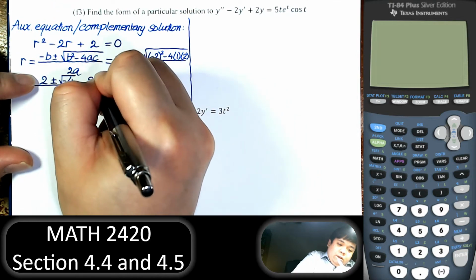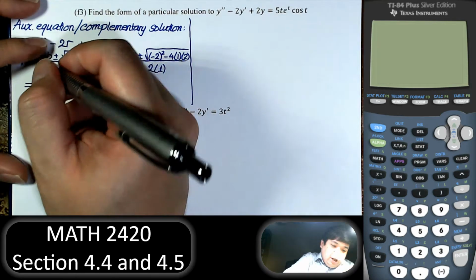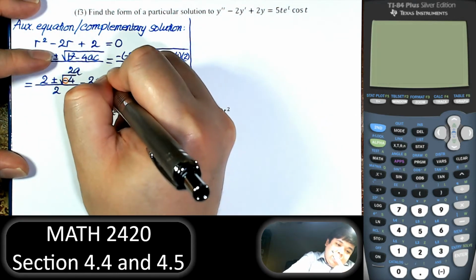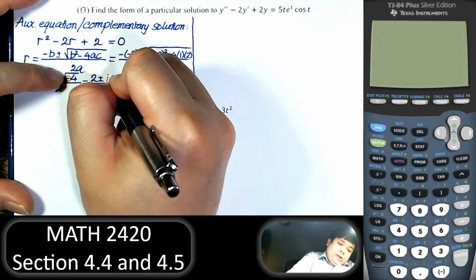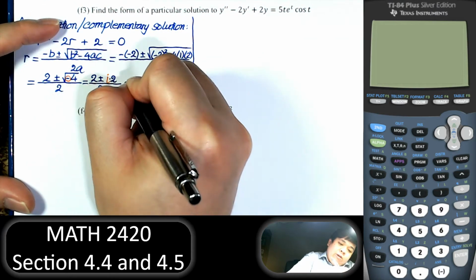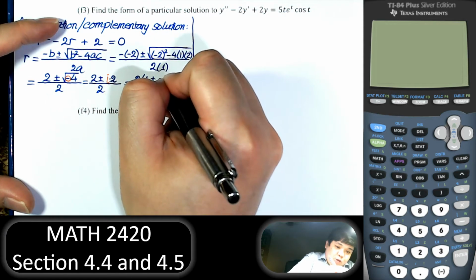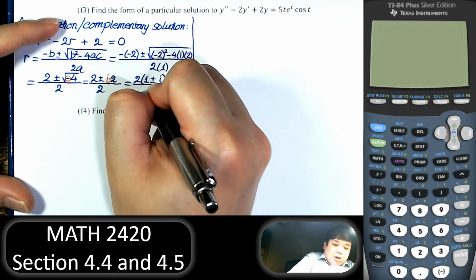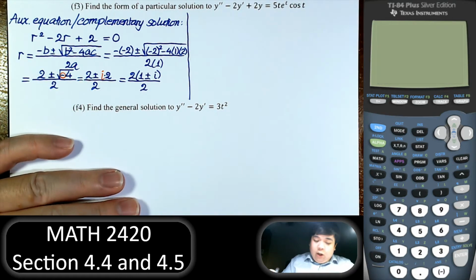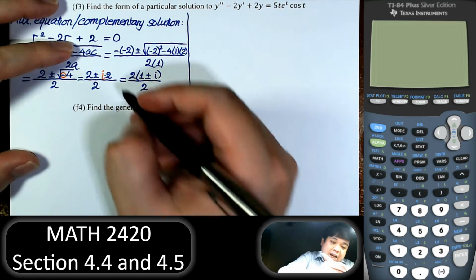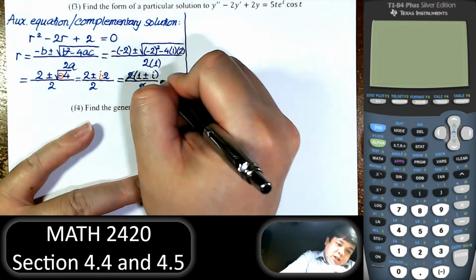So 2 plus or minus, since we have a negative inside the square root, that is imaginary, and the square root of 4 is 2. Factor out 2 from the top. We have to factor it first, because only when we factor can we simplify with the bottom. It has to be a product where we can simplify. So I have 1 plus or minus i.